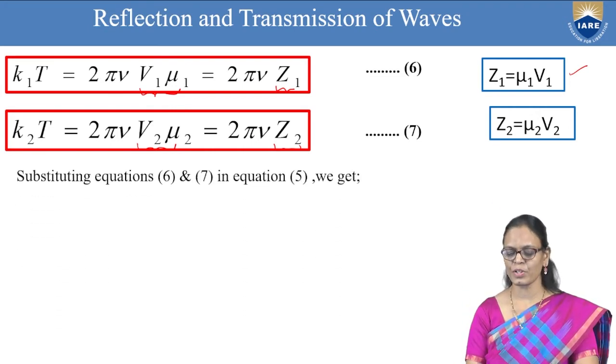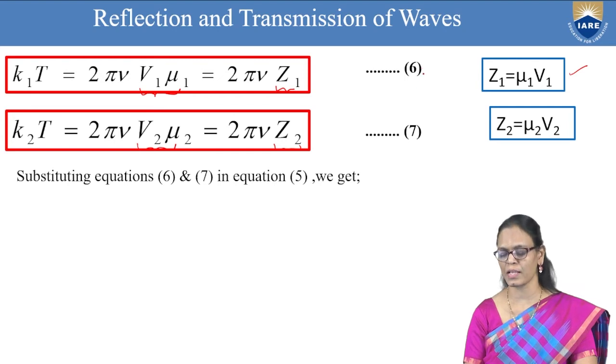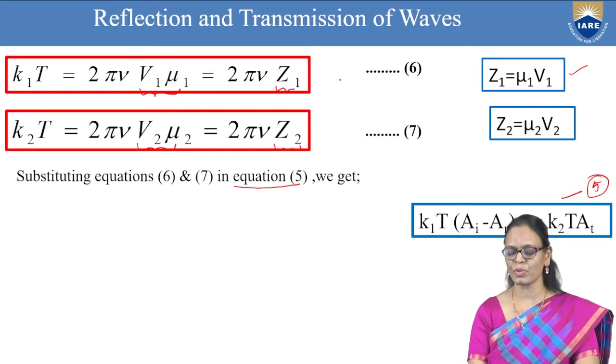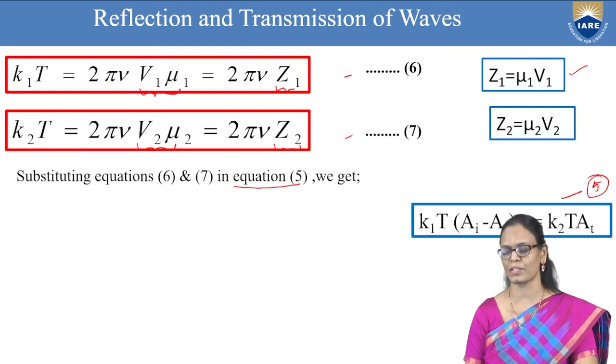Now substituting these two equations 6 and 7 in equation 5. What was our equation 5? K1t into AI minus AR is equal to K2t into AT. So substitute these two values for K1t and K2t in this equation.